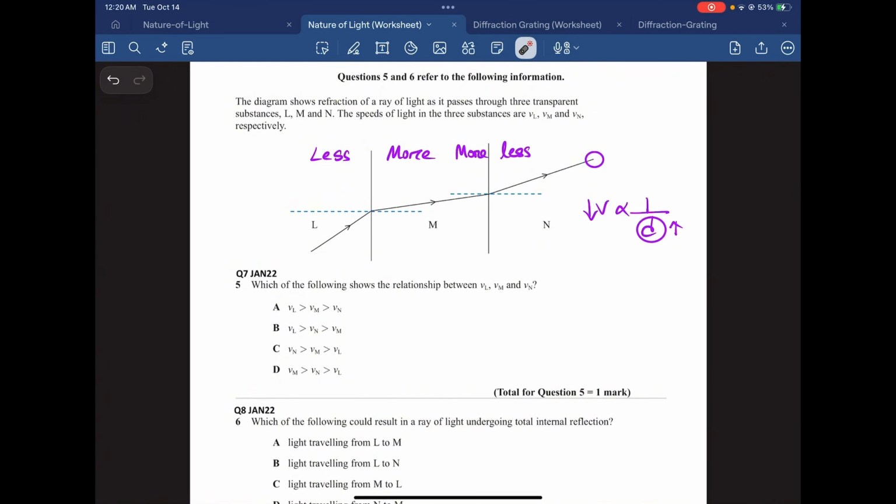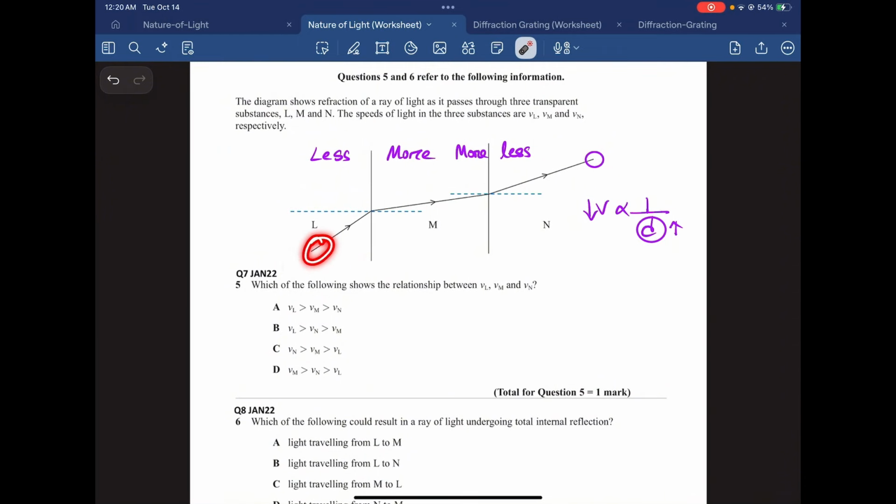So we have been asked to compare the velocities of the light in these three different parts. So where is the speed more? The speed is more right here, as well as right here. But between L and N, where is the speed going to be more? We can see towards the normal. You guys can see this L did make a larger angle with the normal.